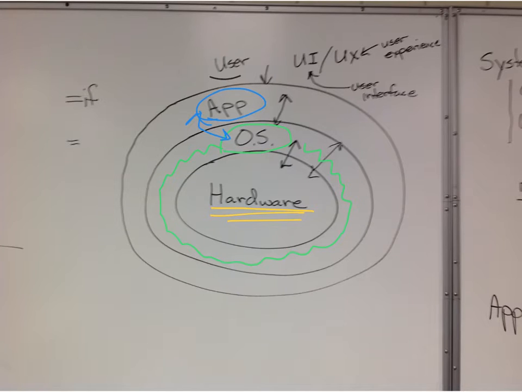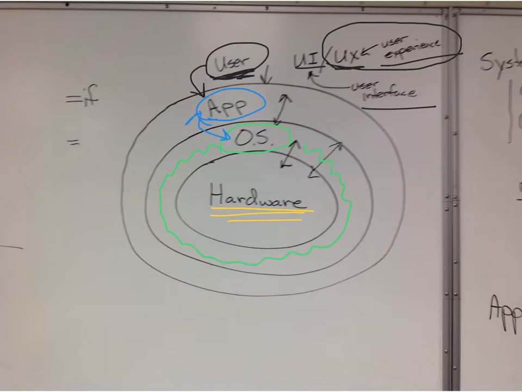Then we have the user, us, you and me. People tend to want to communicate with the apps either through a user interface, and part of the user interface that brings value to the device and the software is the UX, the user experience.